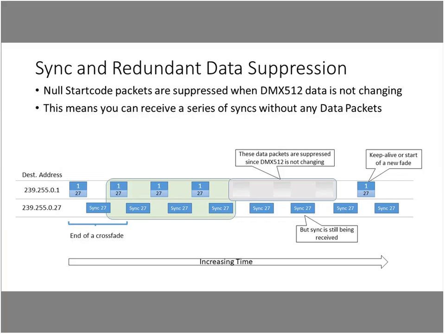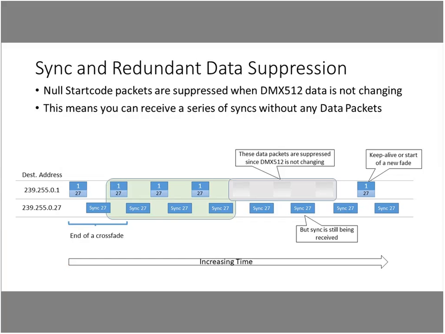Another thing I need to emphasize, as many of you know, this existed in ArtNet and was rolled with some improvements into E1.31. If I have an unchanging universe of data, rather than chewing up network bandwidth sending the same thing over and over, you just don't send it, because you don't need to keep sending unchanging data.